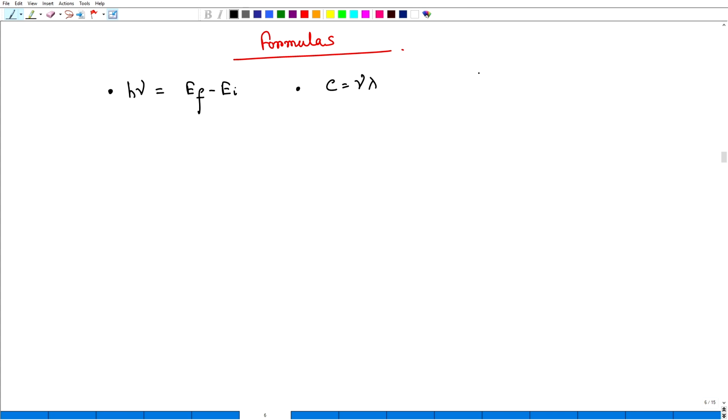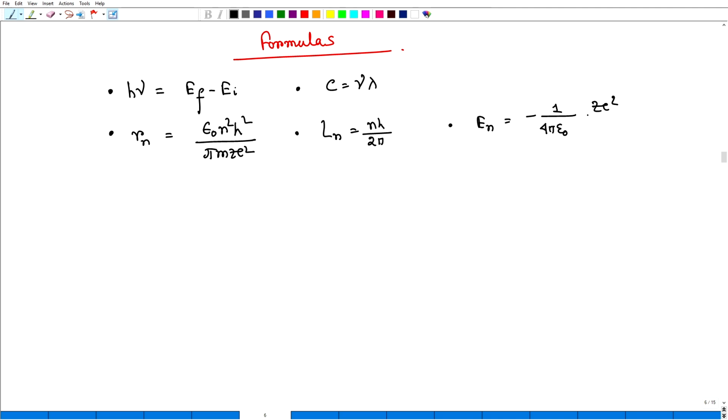Next, for the Bohr atomic orbit, the nth orbit, Rn was epsilon naught n square h square divided by pi m Z square. Ln was equal to n h by 2 pi, the angular momentum. The energy En should be equal to minus 1 by 4 pi epsilon naught Z square by 2 Rn.